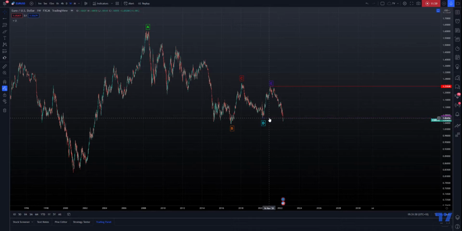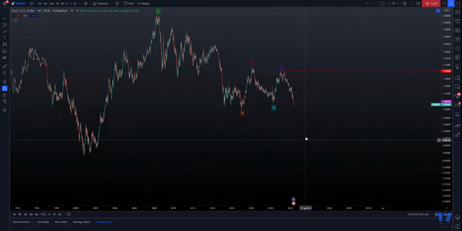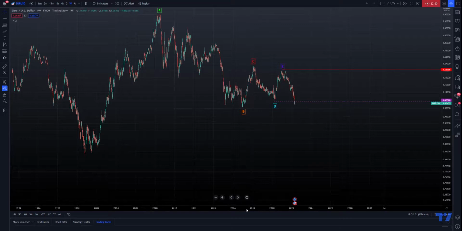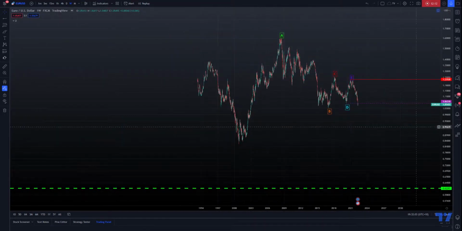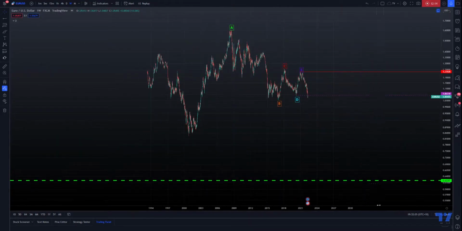So we have a reversal here underway now, and we can expect this to keep falling lower over the coming weeks and months. And the minimum expectation for the drop will be about 62 cents minimum expectation, right?